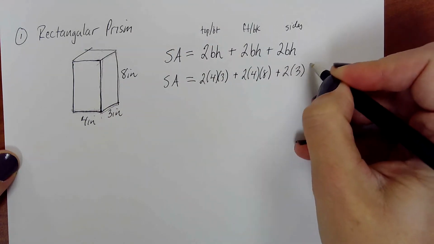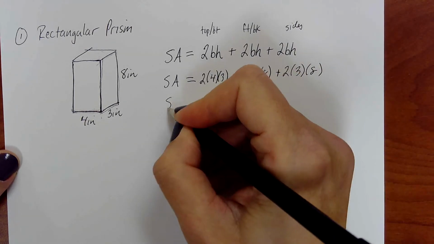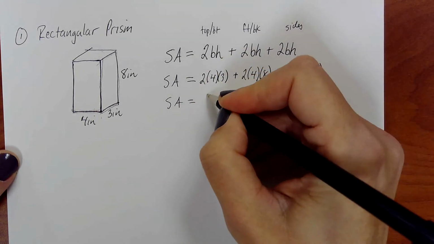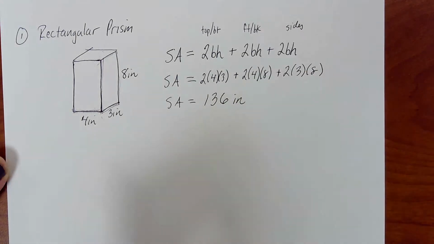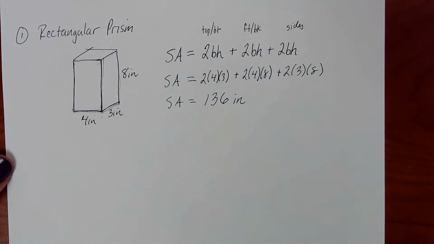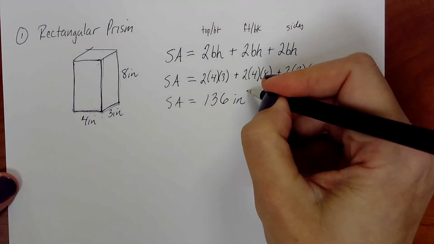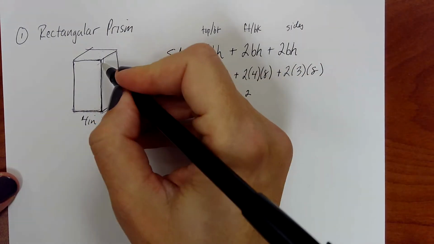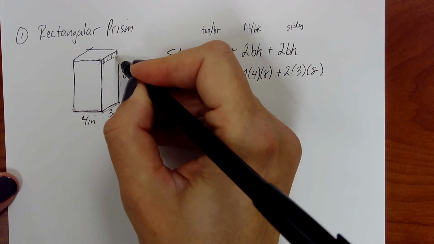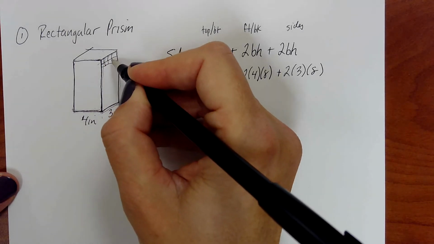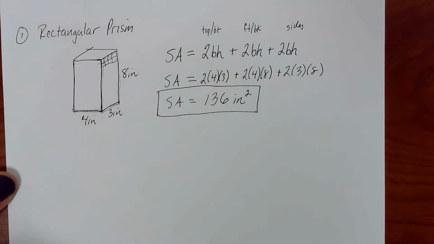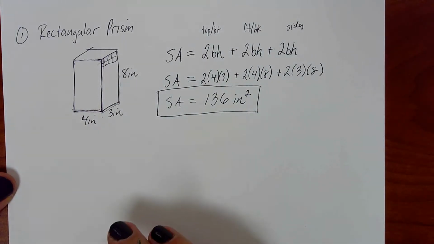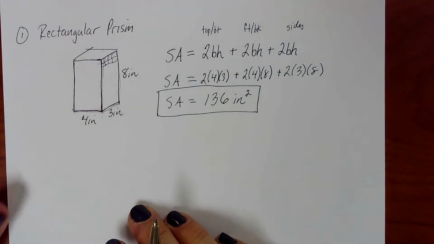So plug those in. If you want to type that all in, that's fine. You should get 136 inches. Now, what did we just find? We found the area. So that's going to be square inches. There's 136 square inches all around the outside. All right. So that's surface area of a rectangular prism.